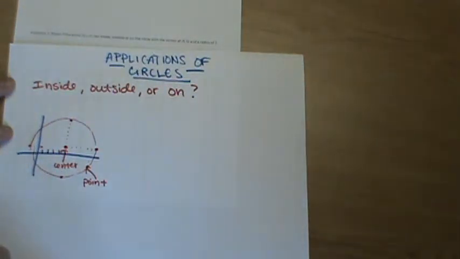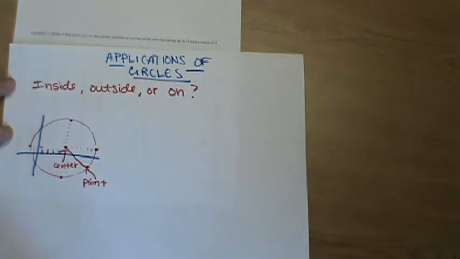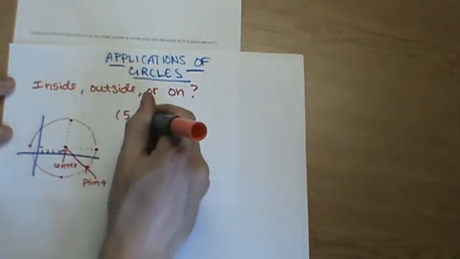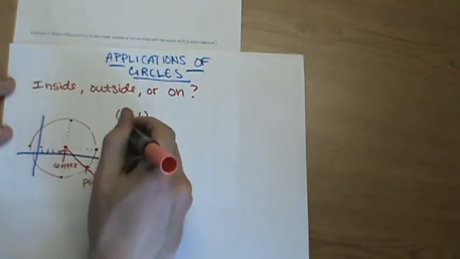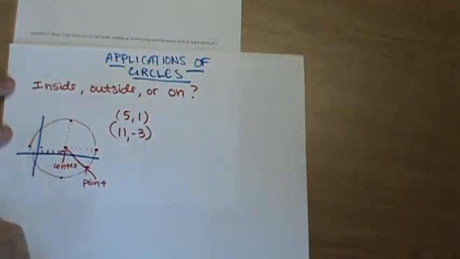How do we determine if we're inside that blast radius or outside? Well, let's just find the distance from the center to where we're at. The center point is at 5, 1. We are at 11, negative 3. Let's find the distance and see if we're within that 7 range or not.